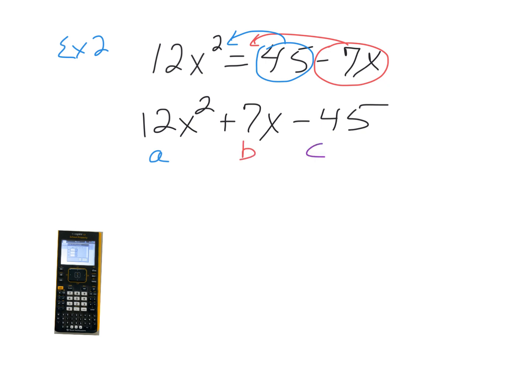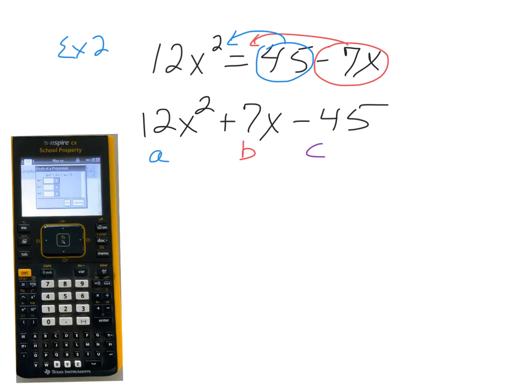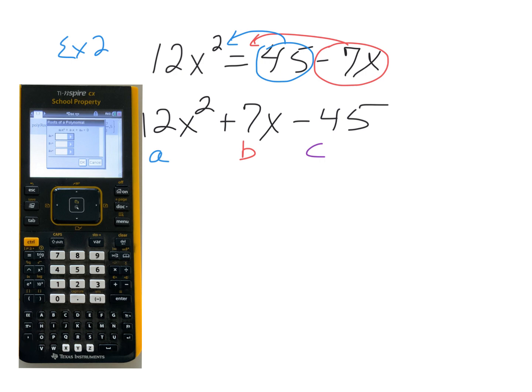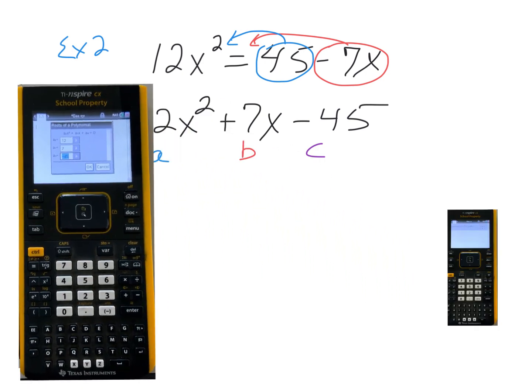Then I can use my calculator to plug in the values. So let me go ahead and pull that up. So again, we're going to plug in our 12, our 7, and our -45. All right, so once we plug in those values, that's what that looks like.